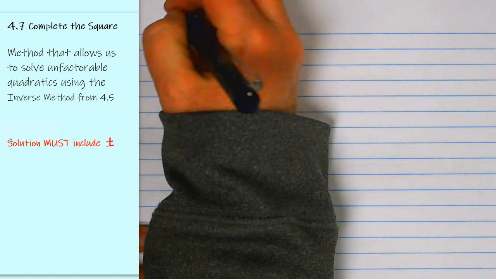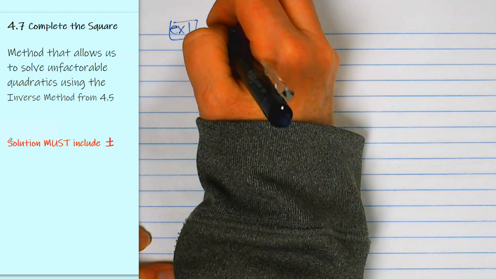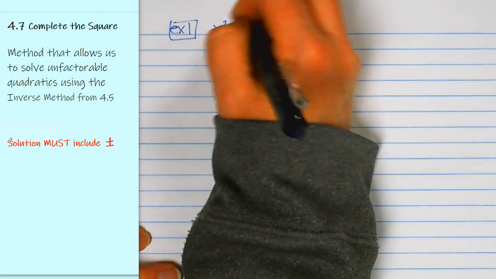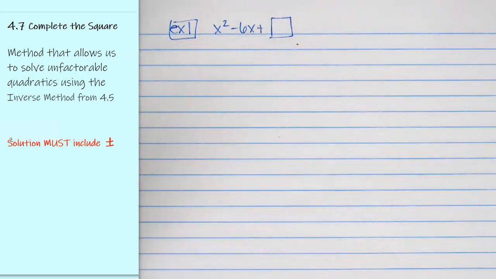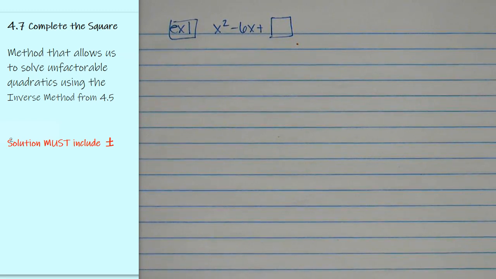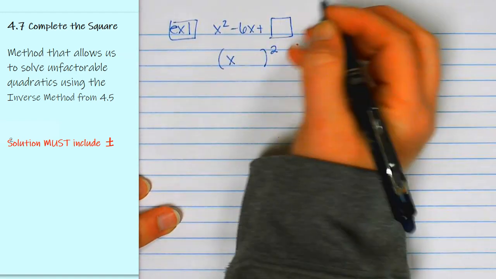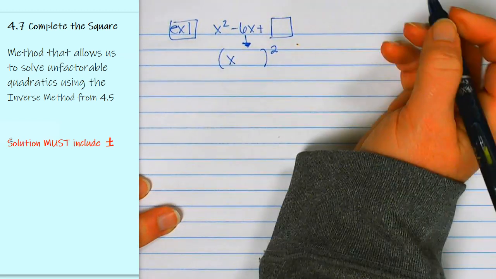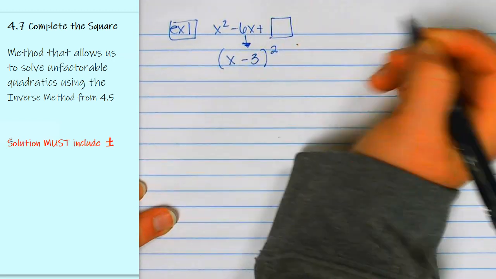Let's do some problems. First, we're going to find the c value. So let's say that we have to begin with, in example 1, just the expression x squared minus 6x plus, and I don't know what goes here. So we're trying to complete the square. And my goals on the other page said that I'm going to try here to have x, and I'm going to put the b value, -6, and divide it by 2, and that's going to be -3.